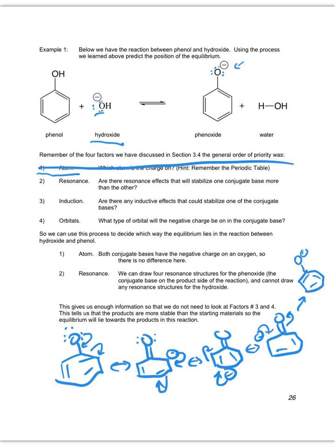So since we can draw resonance structures for the phenoxide but not the hydroxide, phenoxide is more stable, so it is going to be the weaker base.